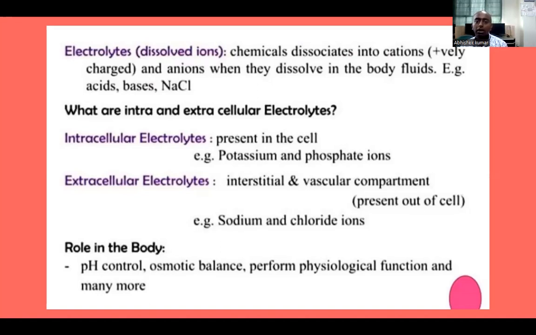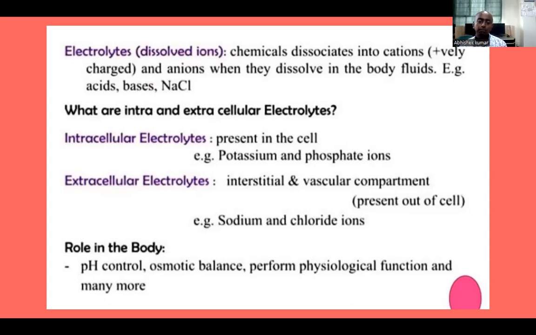What are intra and extracellular fluids? Intracellular fluid is present inside the cell and extracellular fluid is present outside the cell, in the interstitial and vascular compartments. Intracellular electrolytes, for example, are potassium and phosphorus ions.